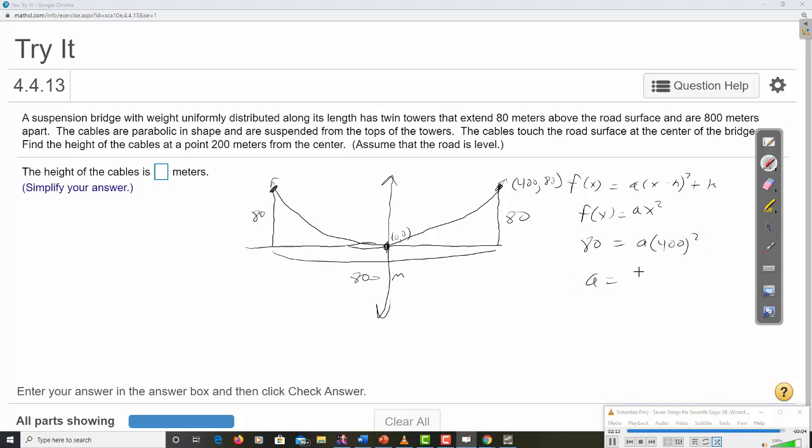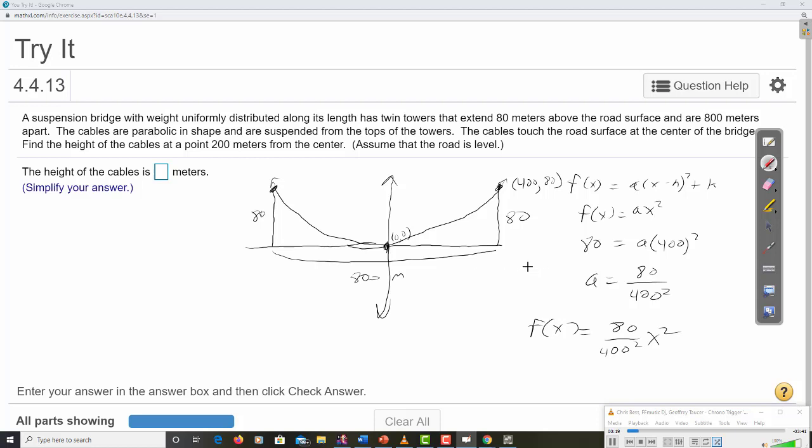So a is 80 over 400 squared, and that's the formula. f of x equals 80 over 400 squared times x squared. So we have a formula for the parabola.